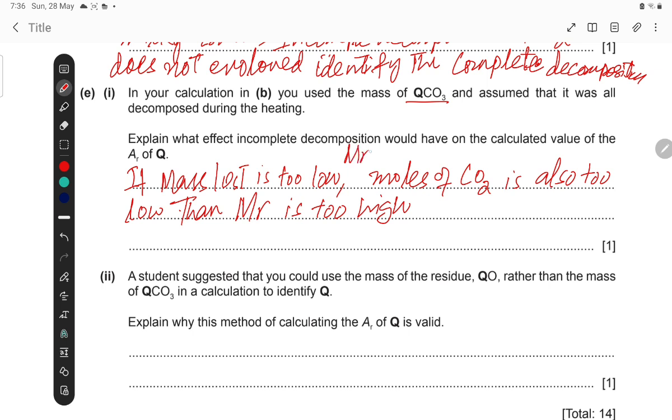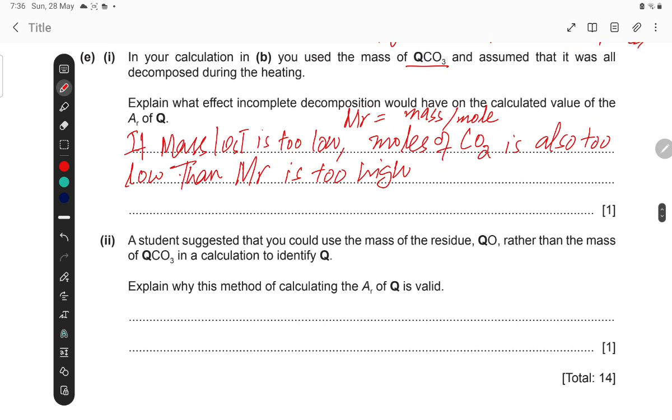Mr is equal to mass over mole. If moles are smaller, then Mr is larger. If moles are larger, then Mr is smaller.